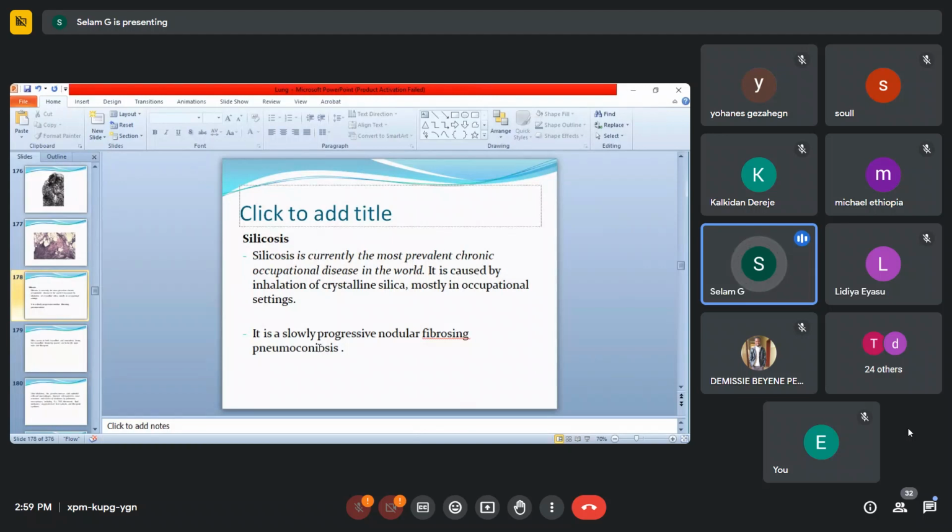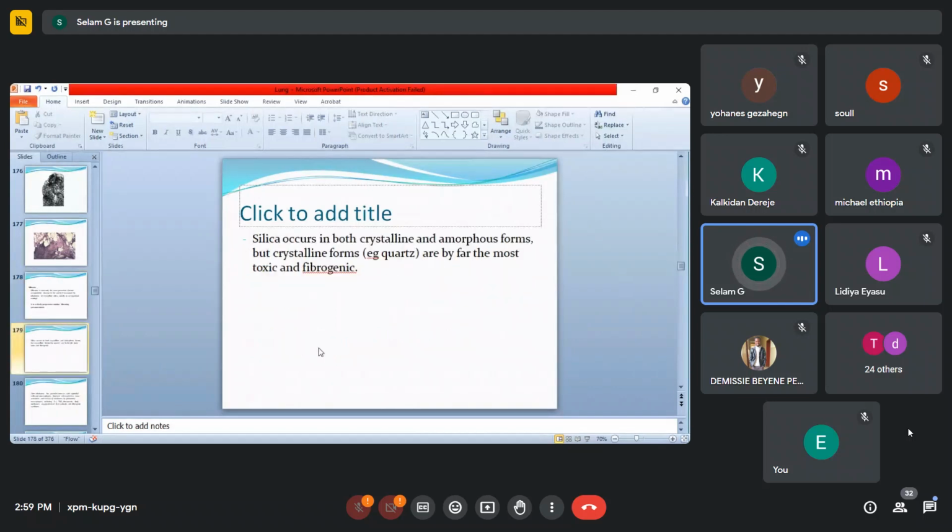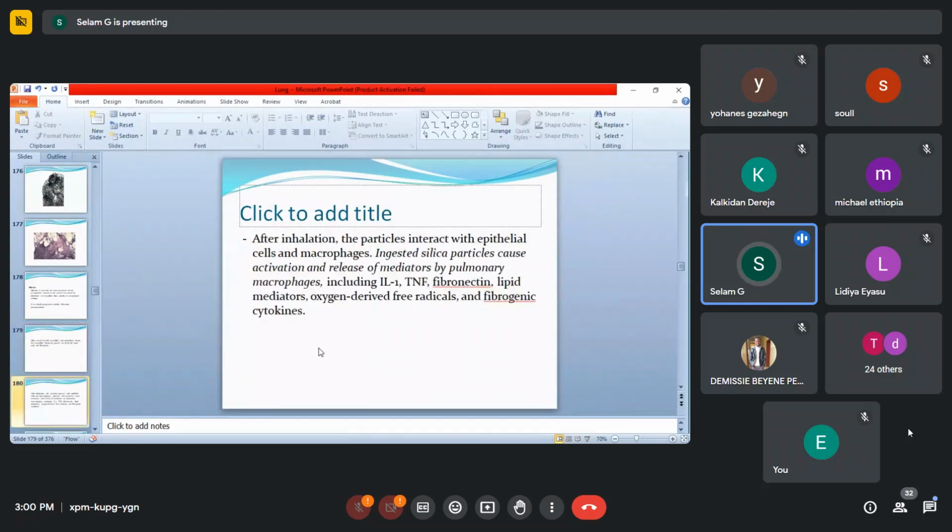It is a slowly progressive nodular fibrosing pneumoconiosis. Silica occurs in both crystalline and amorphous forms, but the crystalline forms, like quartz, are by far the most toxic and fibrogenic of them all.